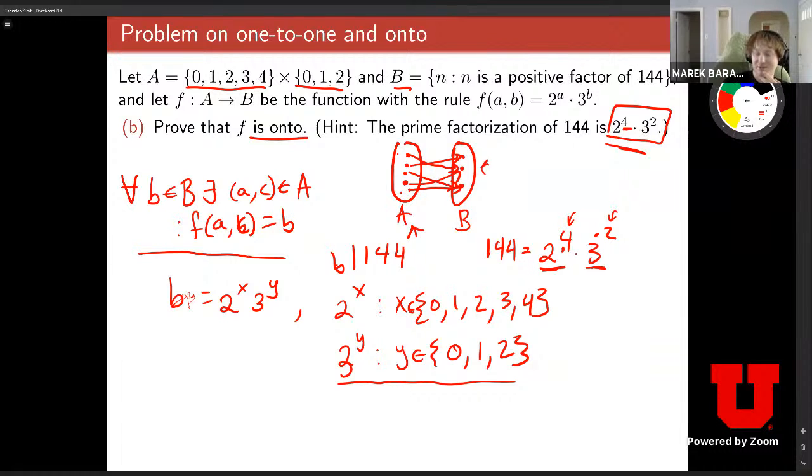So this is the element of B. So every element of B looks like 2 to the x times 3 to the y. And we showed that every element of B has a way to get there from A. Does that make sense?